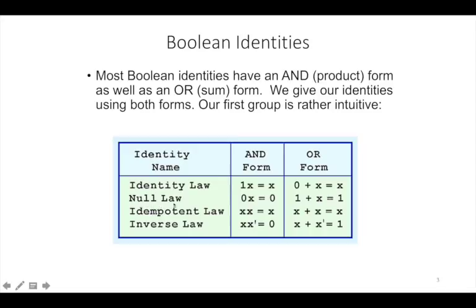The null law indicates that x AND 0 equals 0 and x OR 1 equals 1. The idempotent law says that x AND x equals x, and in the OR form, x OR x equals x as well. In the inverse law, we have x AND x complement equals 0 and x OR x complement equals 1. Okay, so that's the first group of the Boolean identity.